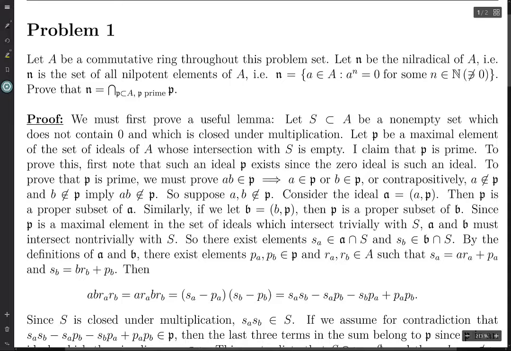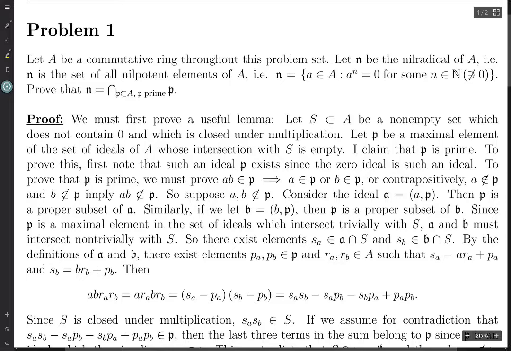elements in A are generated by A and P, and so therefore there must exist elements PA and PB in the prime ideal, and RA and RB in the ring, such that SA is A times RA plus PA.